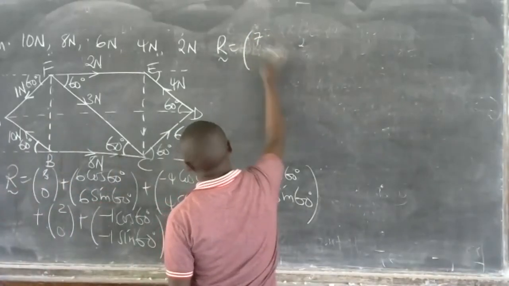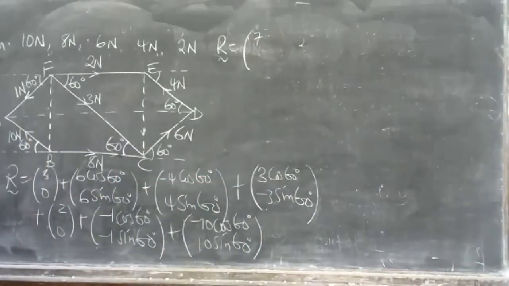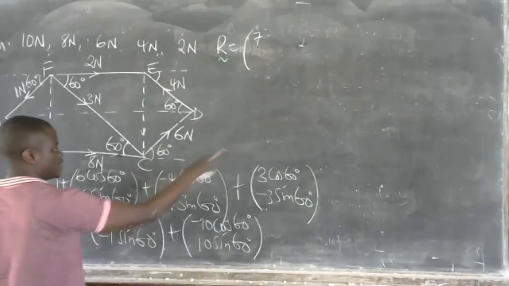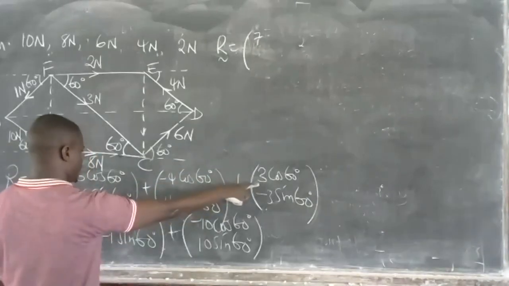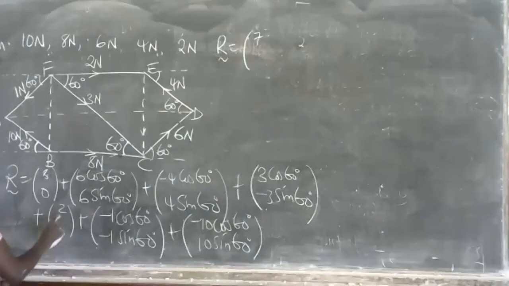So we get 7, and then this is 11, 8, 8.5, 10.